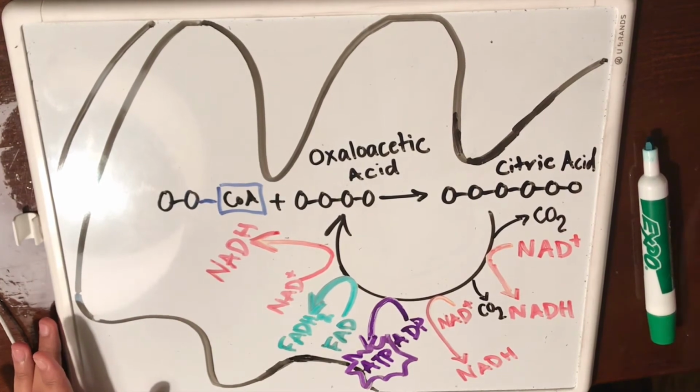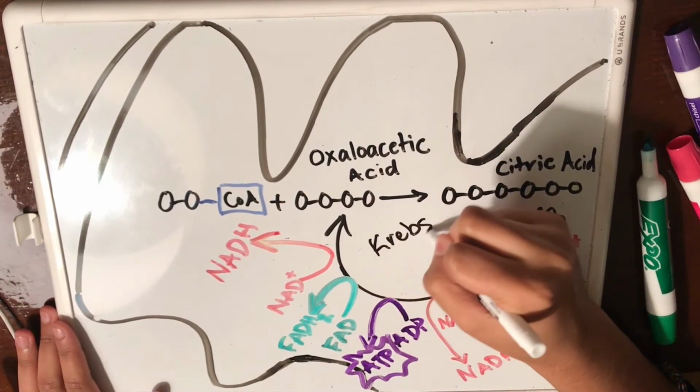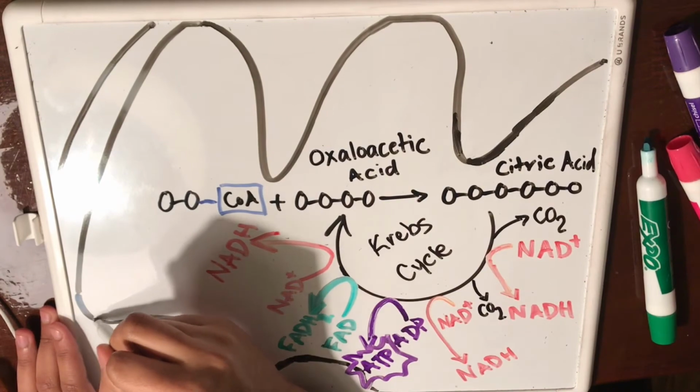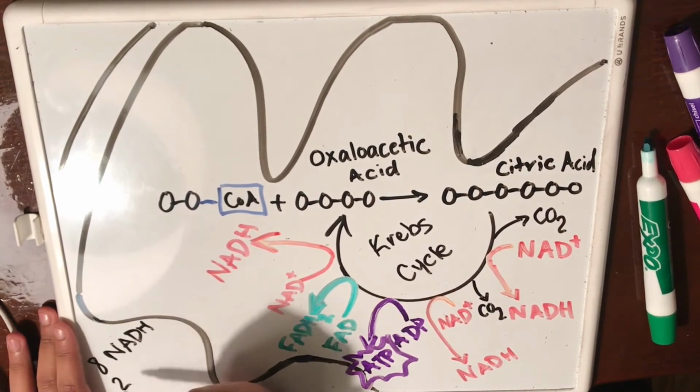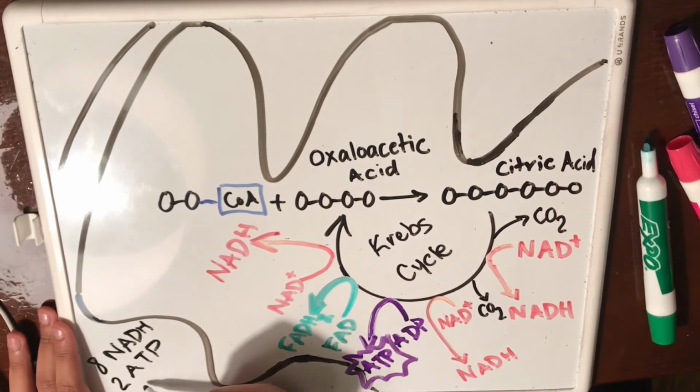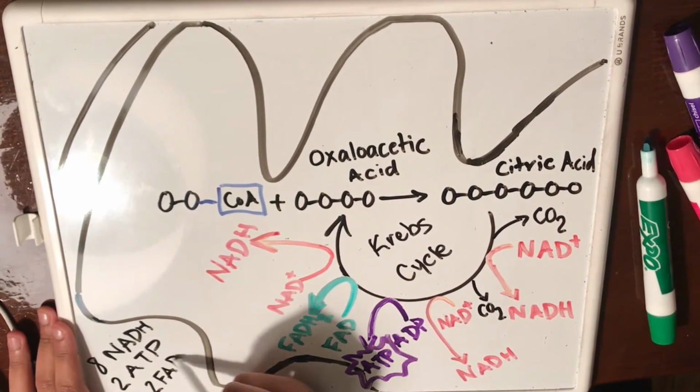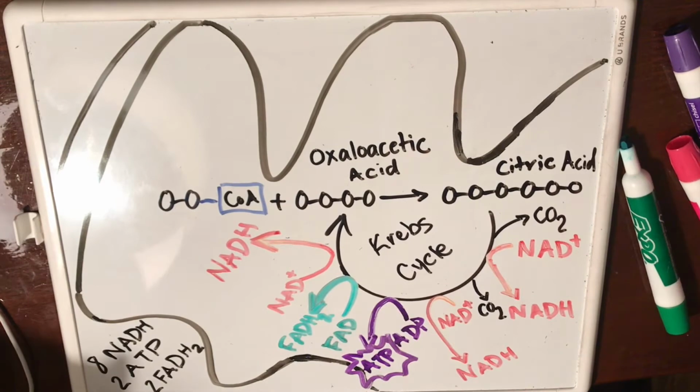This cycle of oxidation occurs for each individual pyruvate and continues creating a total of 8 NADHs, 2 ATPs, and 2 FADH2s.